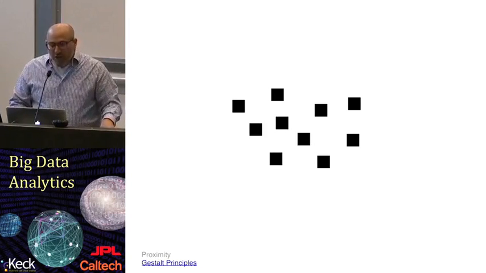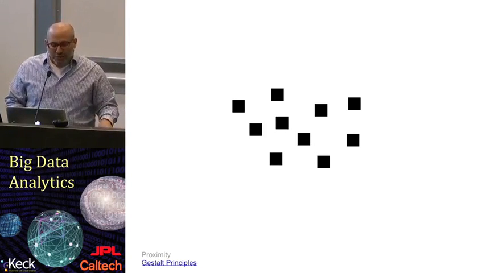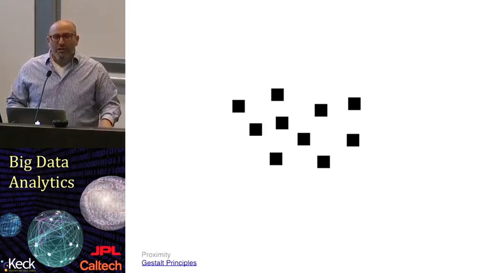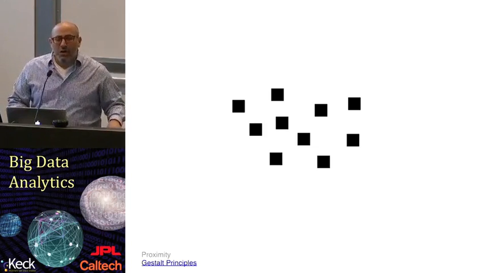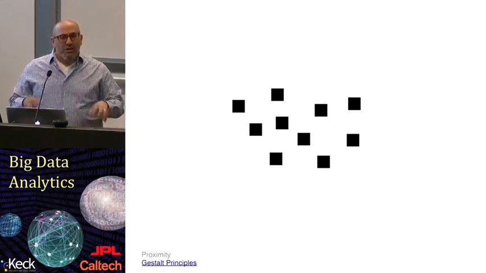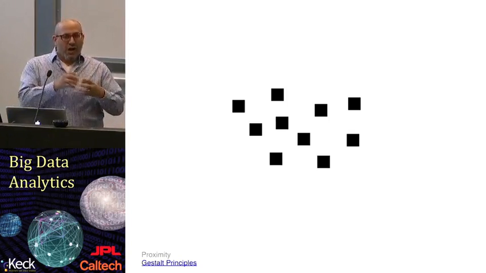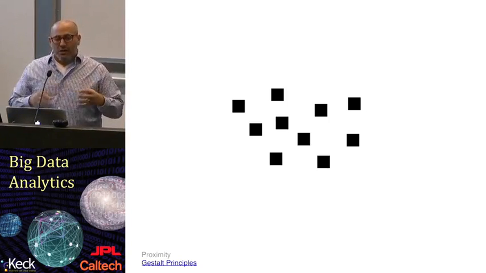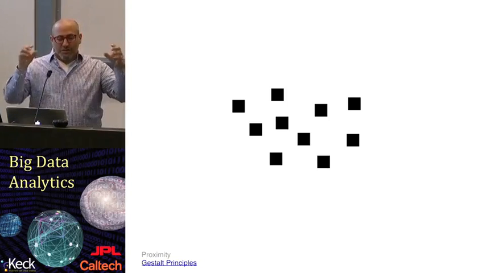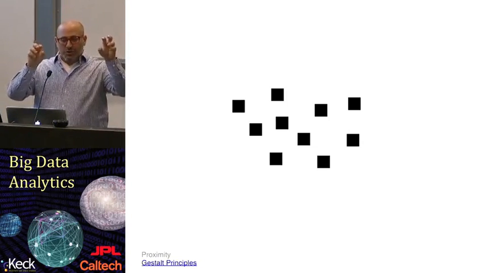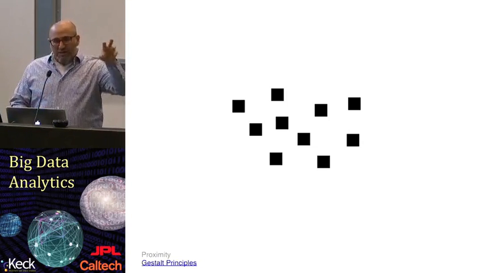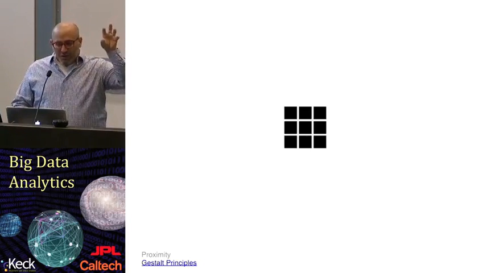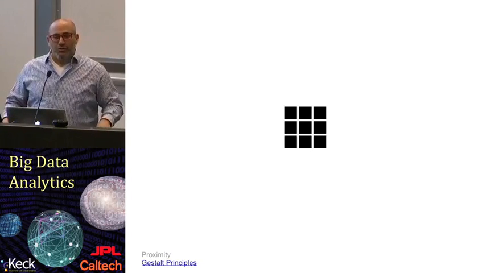Another concept is called proximity. Proximity means that the mind believes that things that are closer together have more meaning. In other words, the squares in this particular form are less related than the forms in this particular shape.